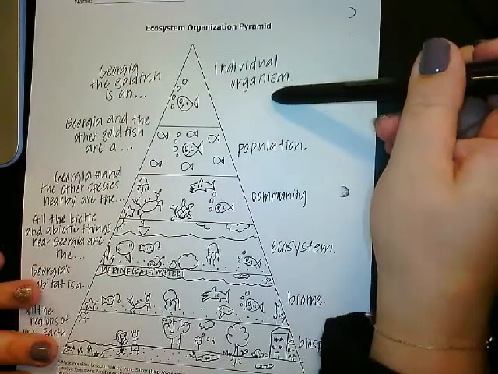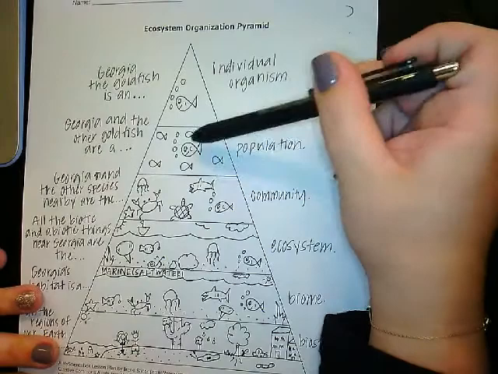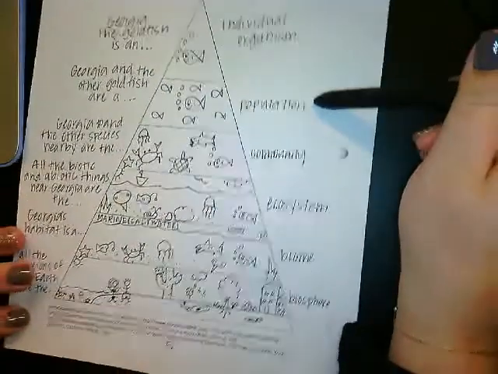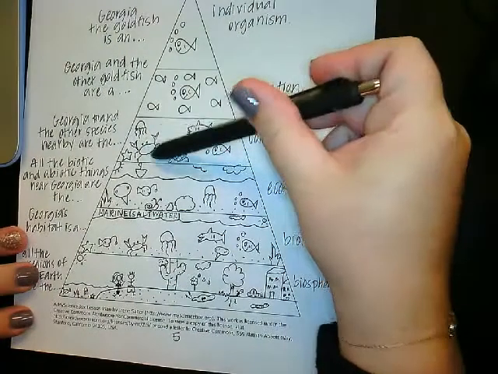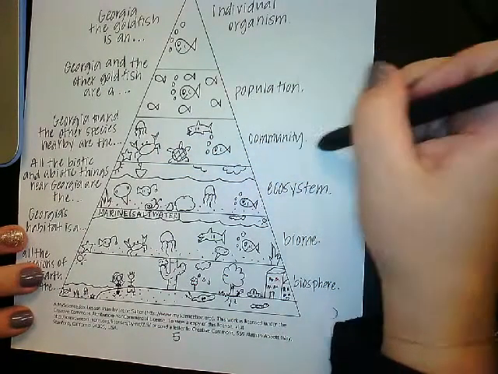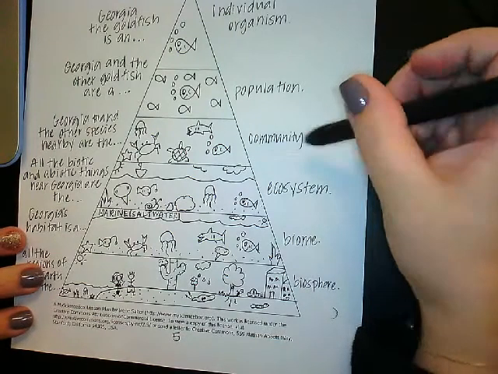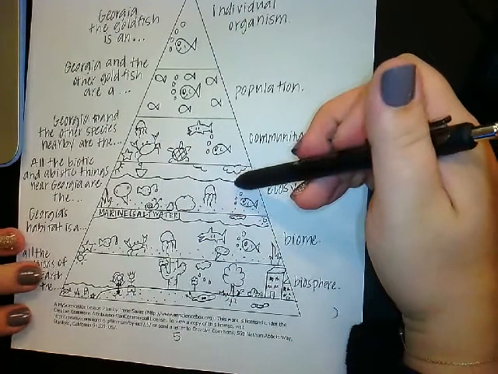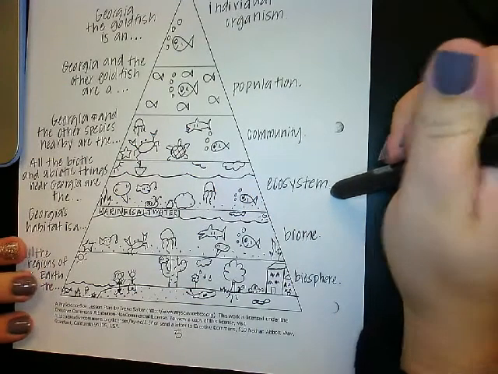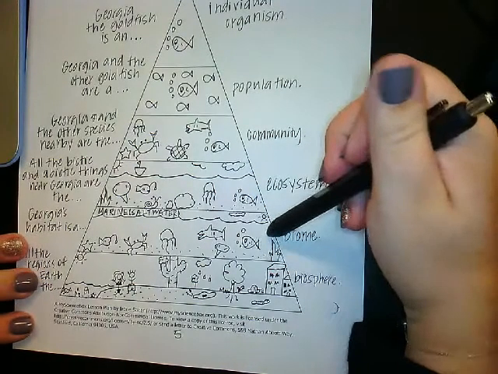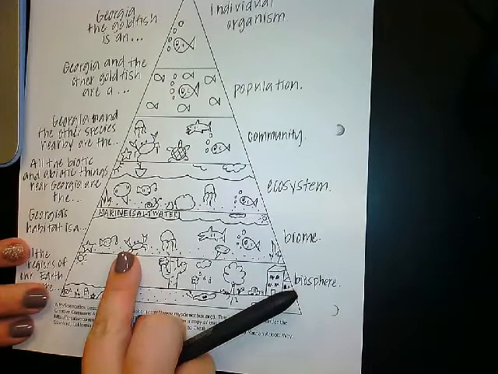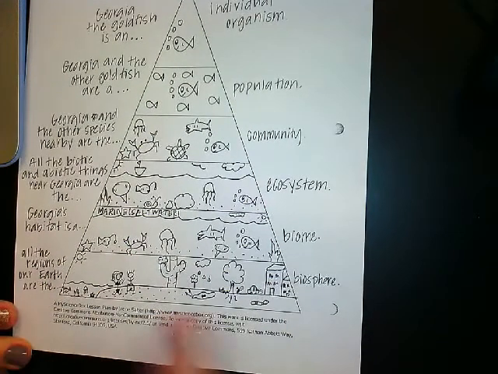So if we start at the top of our ecosystem organization pyramid, we have just Georgia. And we know that just Georgia is our individual organism. Okay, Georgia and the other organisms that are just like her, other goldfish, make up a population. And then when you add in other species nearby, so we've added a turtle, a crab, jelly, those things make up the community. And then from there, you grow and include the abiotic or non-living things to make up an ecosystem. And that ecosystem is part of a biome.